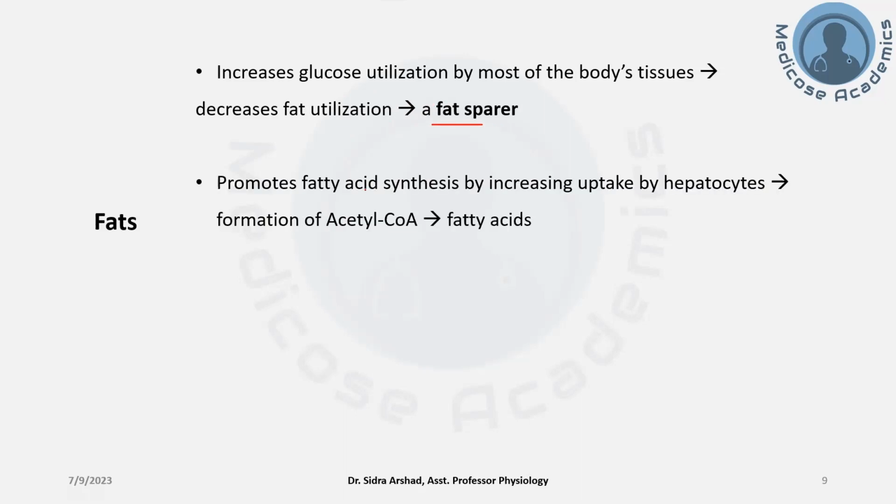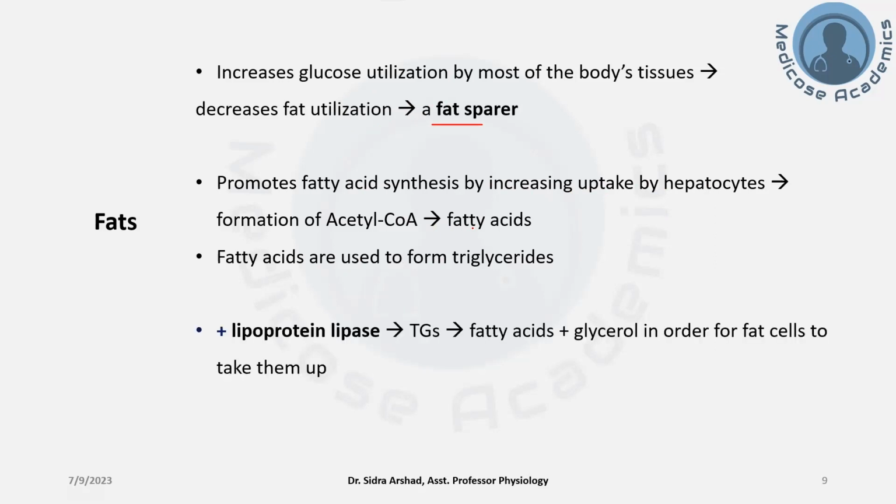It promotes fatty acid synthesis by increasing glucose uptake by hepatocytes, which we had just seen. When the glucose is present in the hepatocytes, it is converted into acetyl coenzyme A, which is then converted into fatty acids. Fatty acids then are used to form triglycerides.